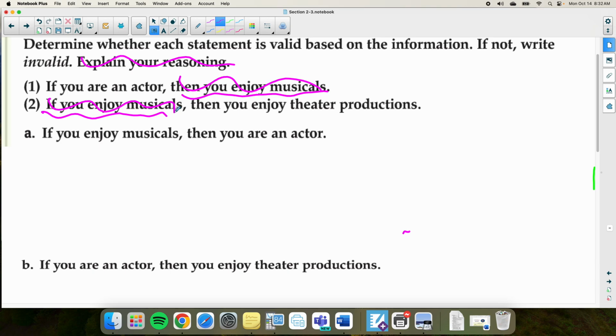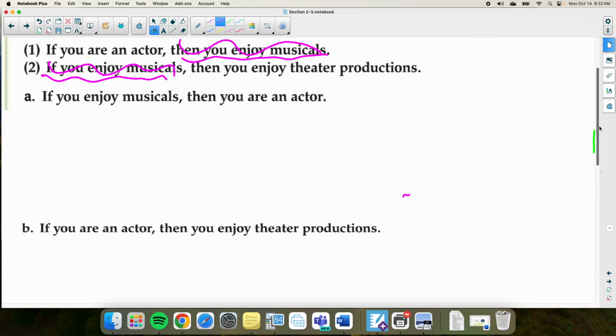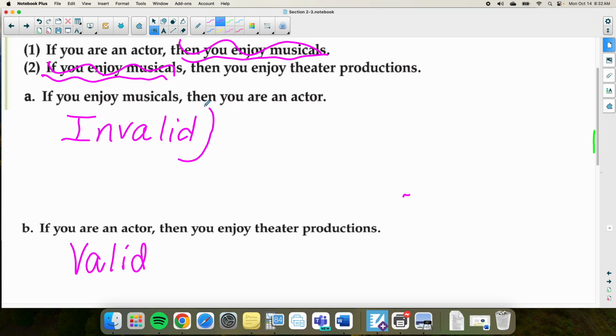Which one is valid, A or B? B, correct? It should say, if you are an actor, then you enjoy theater productions. So this one is valid, and then that would just mean this one is invalid. So when you have an A or a B like that, one is valid, one is invalid.